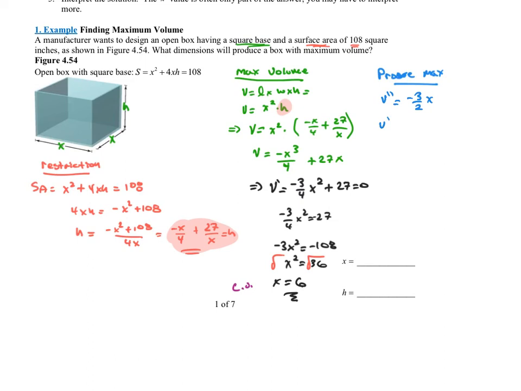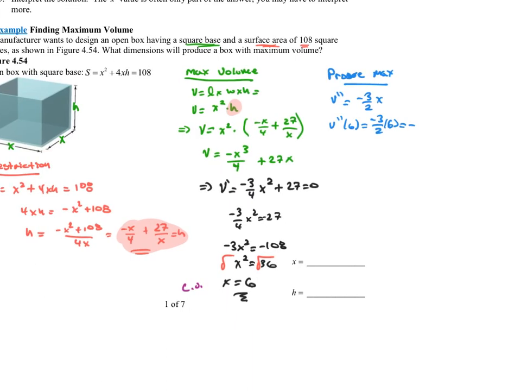If I plug in my critical value, which is 6, this would be negative 3/2 times 6, which is a negative number. That means it's concave down at that point. Because it's concave down at that point, the second derivative test tells us that it's a maximum. So I have proven that it's a maximum.